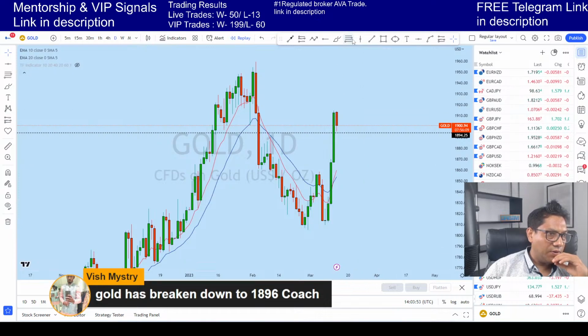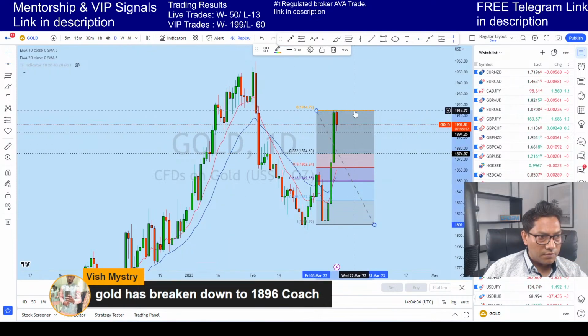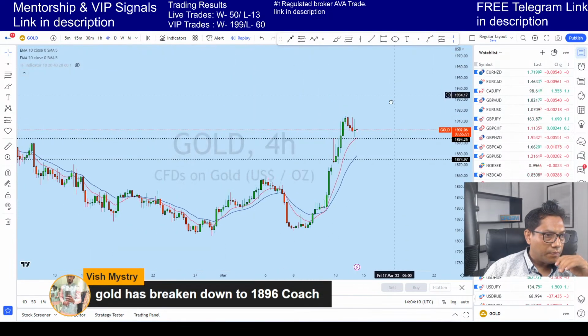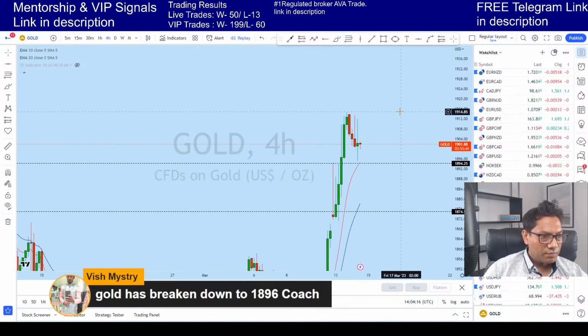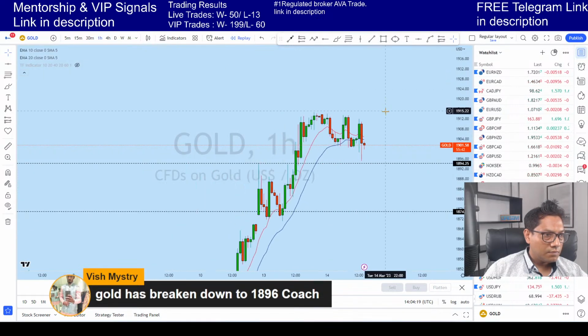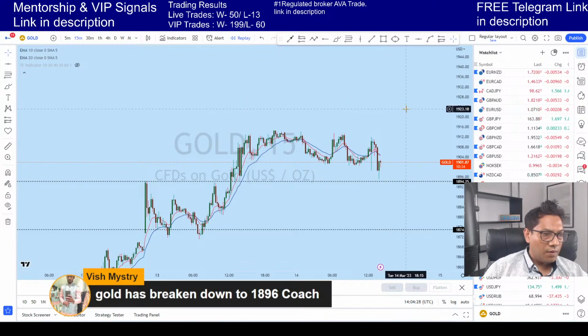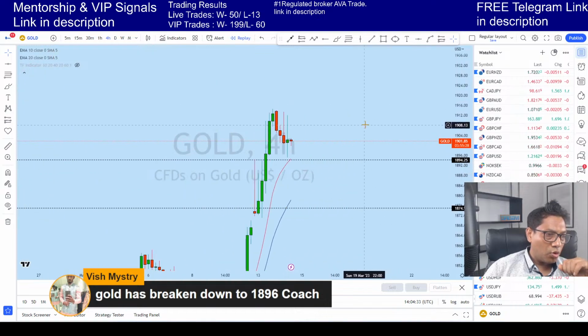This is the daily chart. Let me look at the Fibonacci. Okay, so I think that we might see a little more consolidation.